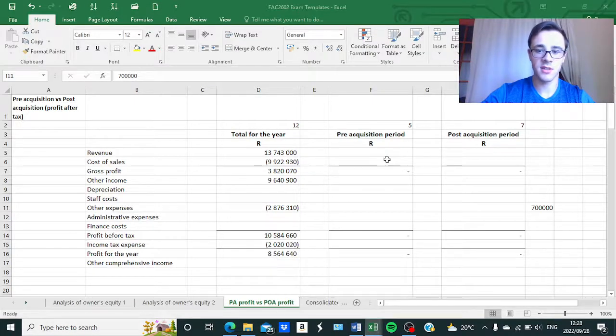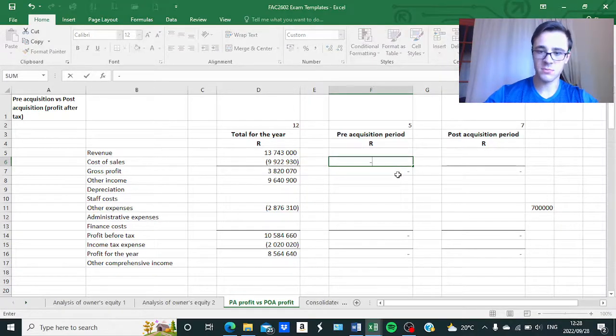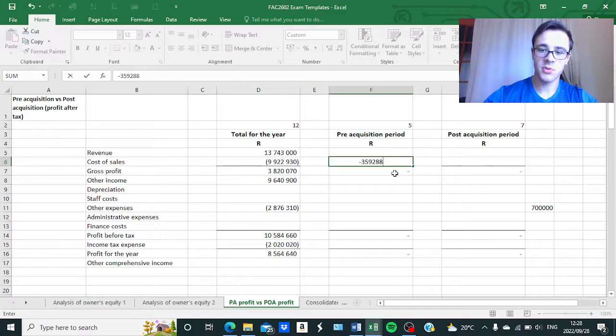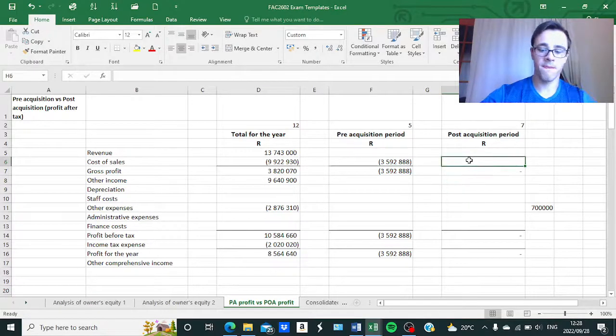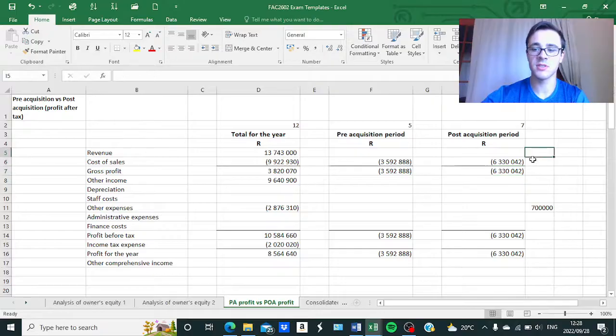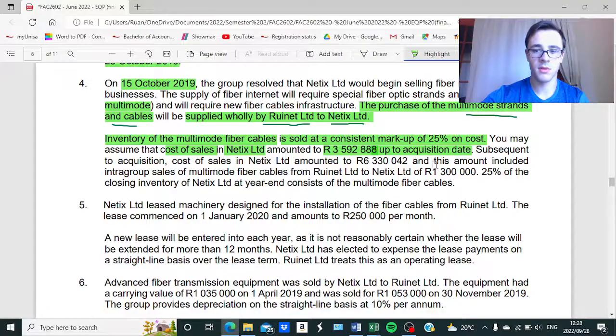They have given us the amount for the pre-acquisition period, and that will be 3,592,888. Okay, and your remaining amount, so the amount for the post-acquisition period, will just be the remaining amount. So the total minus the pre-acquisition total will give you the post-acquisition amount of 6,330,042 Rand. Okay.